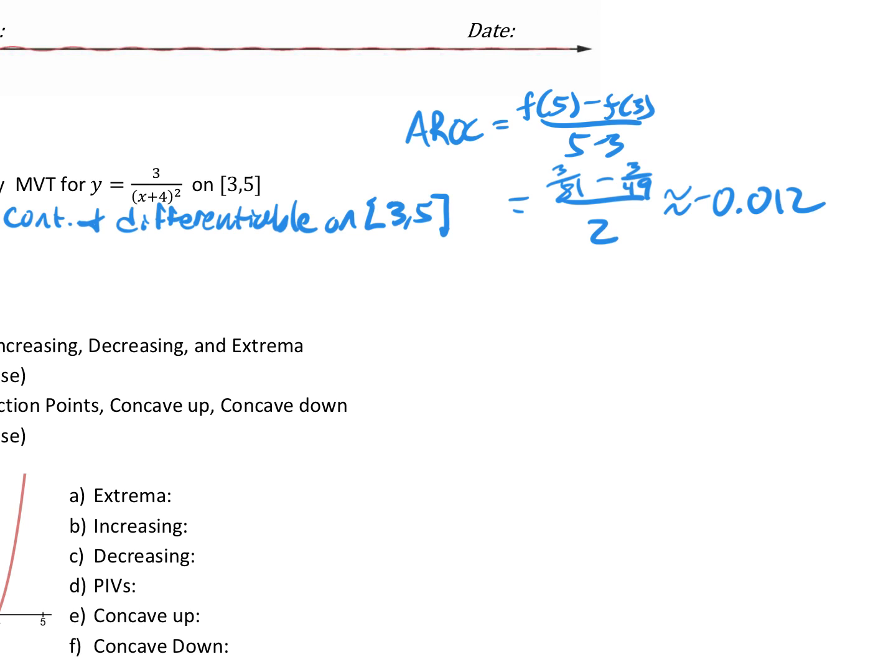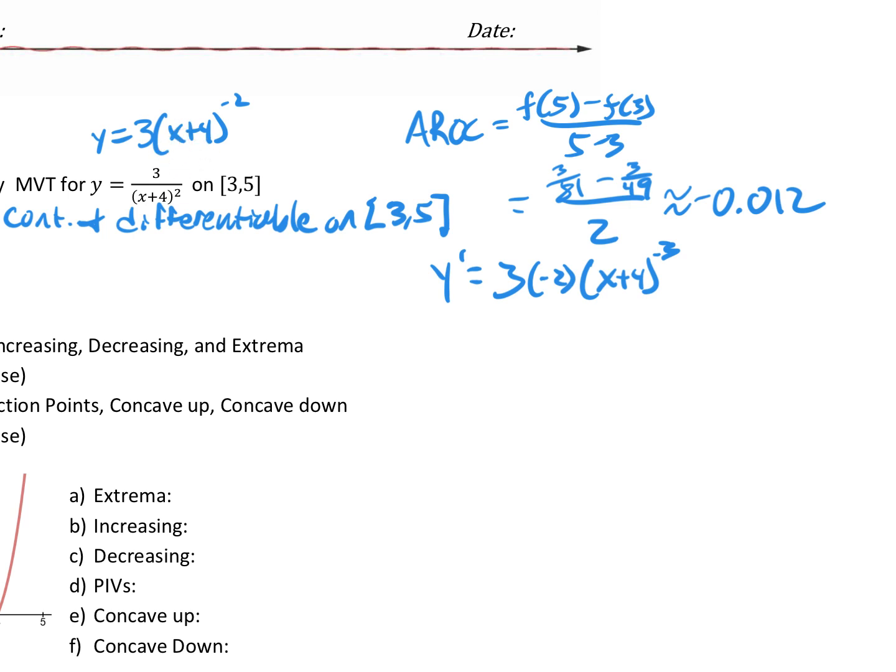All right. Now we need to find our derivative. The mean value theorem says that there exists a place where the derivative is equal to that. So we want to verify that there. So this is 3 times (x plus 4) to the negative 2. We need to take the derivative, so let's change that 2 to a negative 2. So y prime is going to be, the 3 is going to hang out. We're going to drop the negative 2 down, times (x plus 4) to the negative 3. Subtract 1 there.